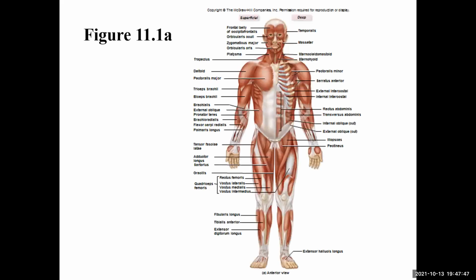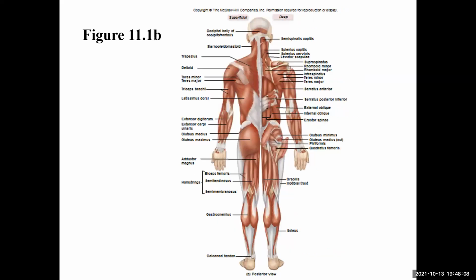If you want to see this picture reproduced, it's actually in your book, but also in your lab study guides for chapter 11. These pictures are reproduced there, and you can go in there and label them if you'd like. Most of these muscles we will learn. I know it can be somewhat overwhelming, but we will go over many of these muscles for the anterior and posterior regions.